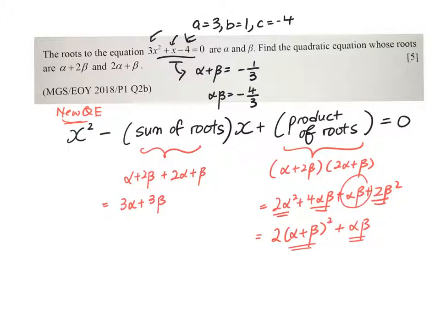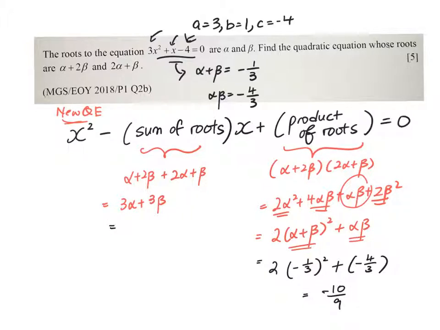So over on this side, this would be 2, and since alpha plus beta is negative 1 over 3, I'm going to put negative 1 over 3 here, and negative 4 over 3 here. So this will be negative 1 over 3 bracket square plus negative 4 over 3, which gives me an overall answer of negative 10 over 9.